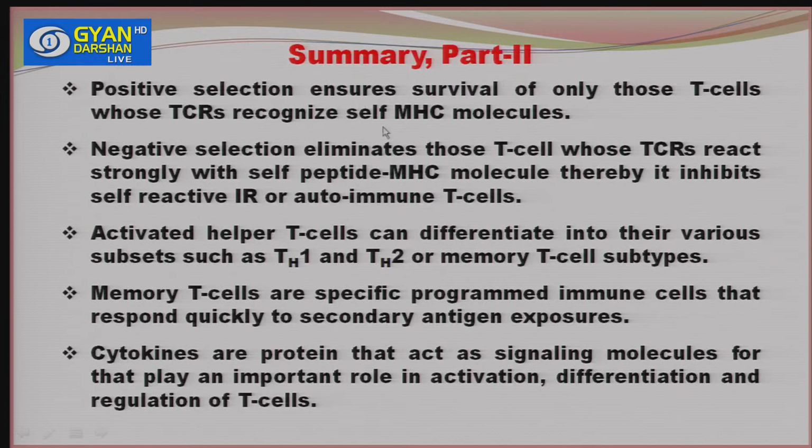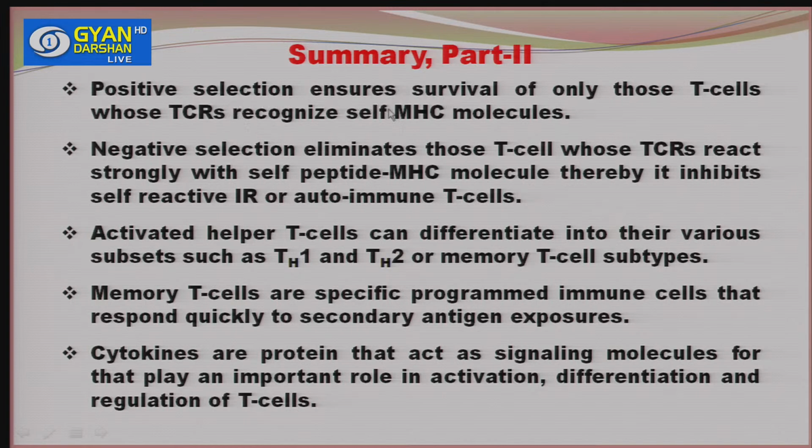Dear learner, I want to summarize part two. You have learned that positive selection ensures the survival of only those T cells whose TCR recognizes self-MHC molecules. Otherwise, they will not survive; the T cell will die.